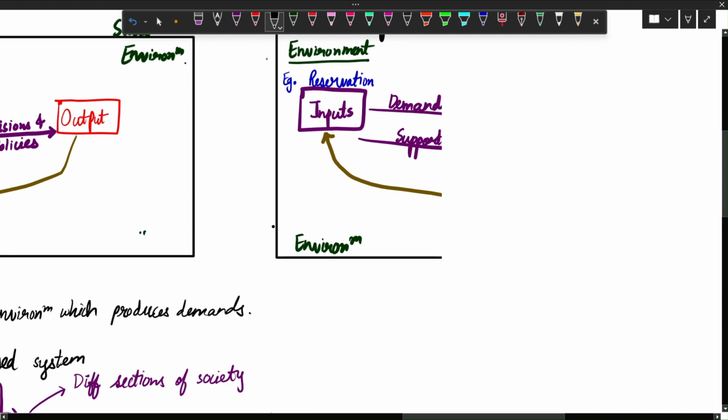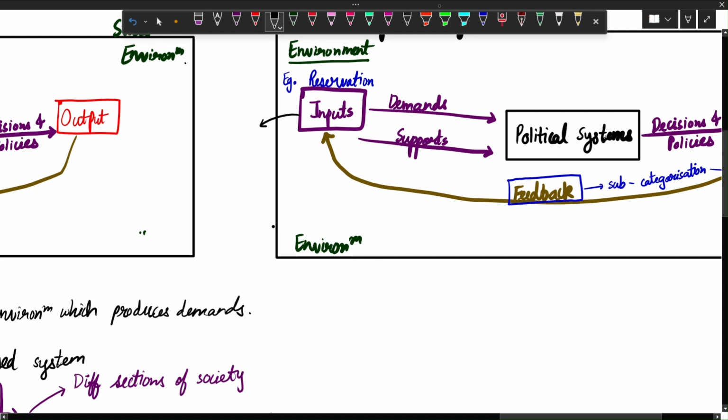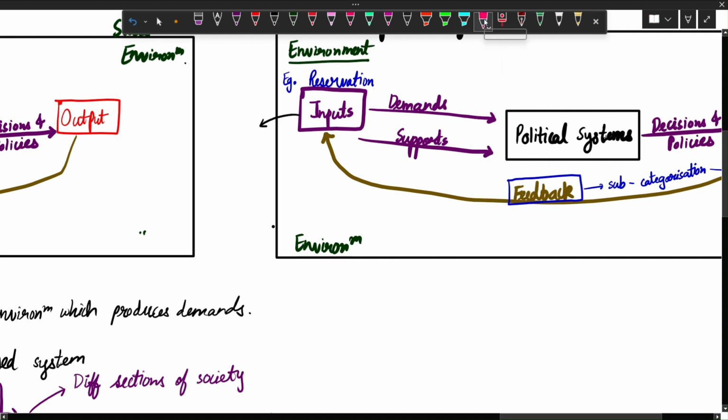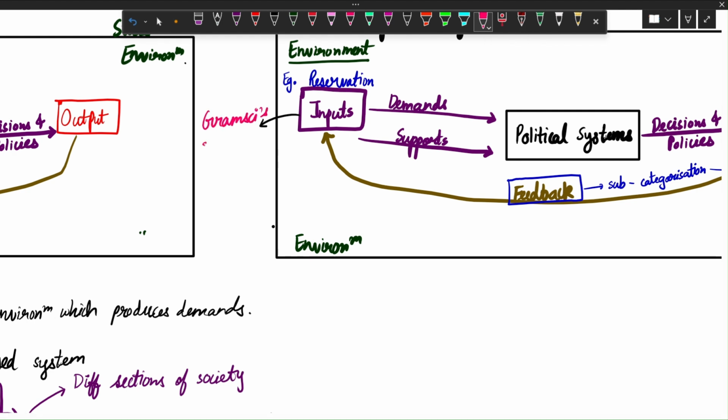In short, it means that the political system has a unique recognized monopoly to make the final binding decisions on how society's allocative resources, rewards and penalties are to be divided among its citizenry, among its people. So that is what authoritative allocation of values means.